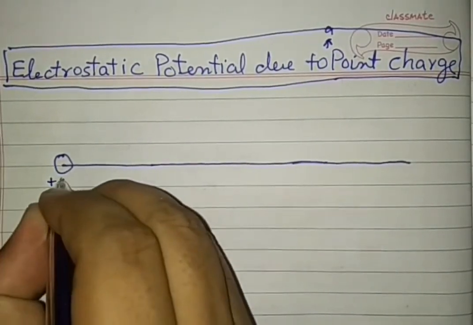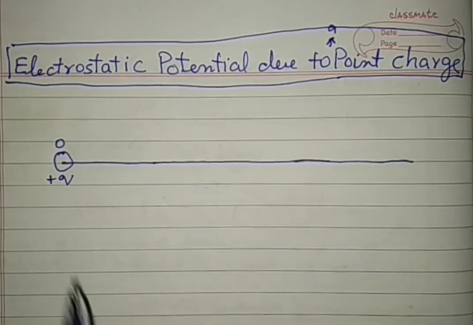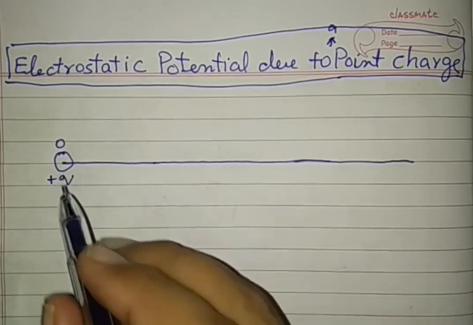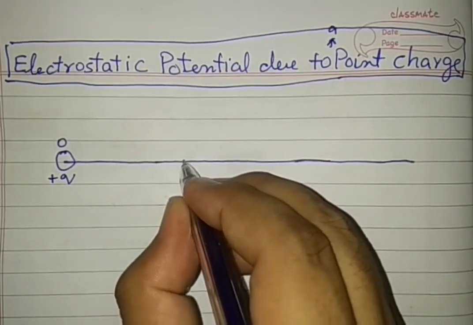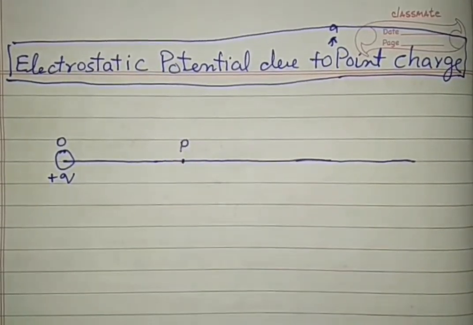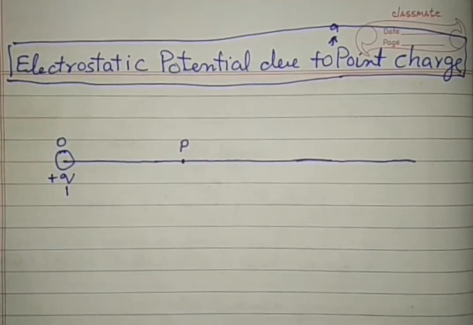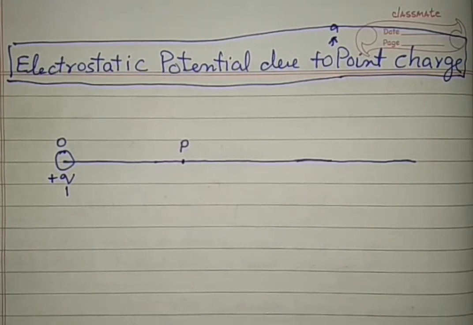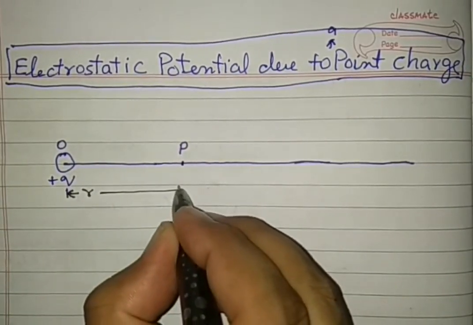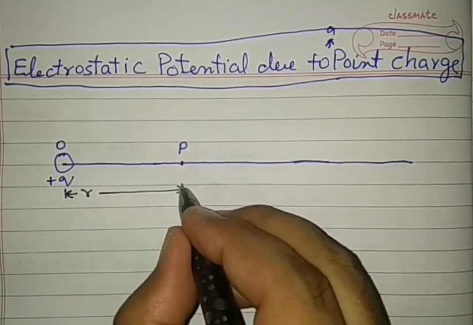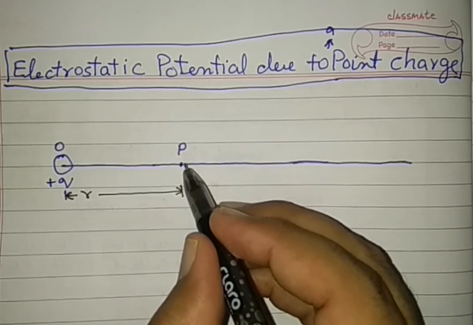A plus Q charge is available at point O, and due to this plus Q charge, my plan was to calculate electric potential at point P, which is R distance away from here. We are going to see the formula for electric potential at point P.